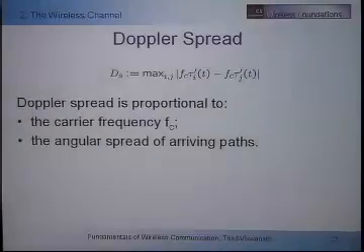Number two, which is more subtle, is that it depends on the angular spread of the arriving paths. Now, why is that? So let's understand what's going on here. That's a point that is important when we think about MIMO.